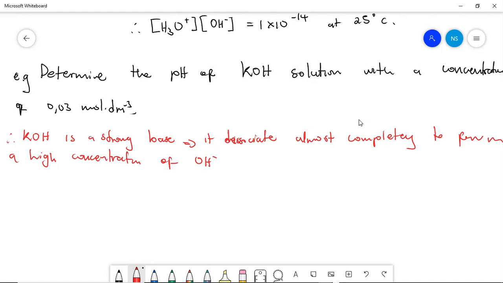And we have concluded that with KOH, right? So therefore, if this is a strong base, I want you to fully understand these things.